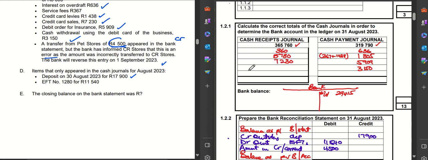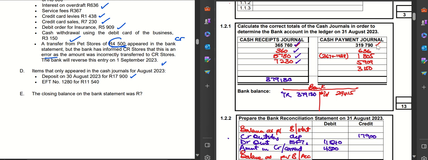So we're going to come here. The total for CRJ. How do we get it? 365,760 plus 360 plus 5780 plus 7230. That gives you 379,130. And I'll take that as my total receipts. 379,130.